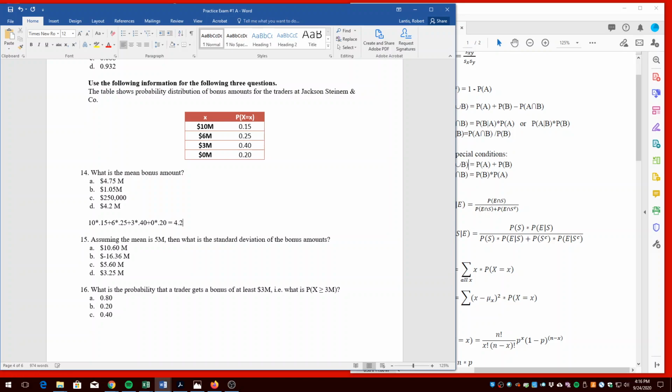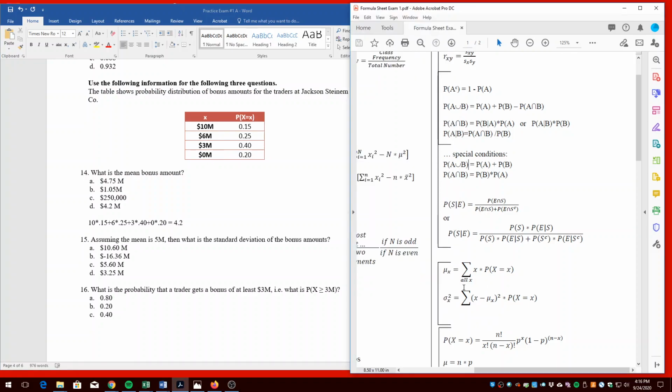If we do that, we should get 4.2 million. Okay? So when we see something with probabilities here, we should be thinking this is a discrete random variable. These are the likelihood that we see these different outcomes. And here's our mean and our variance for our 2 equations for the discrete random variables.